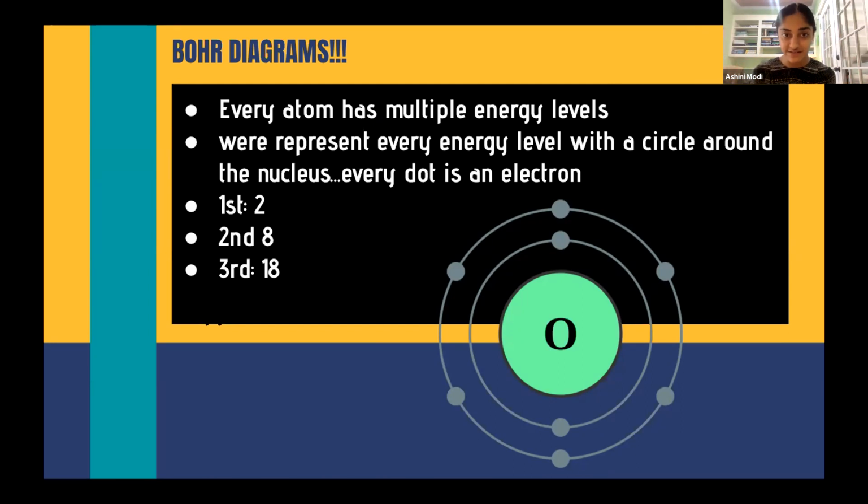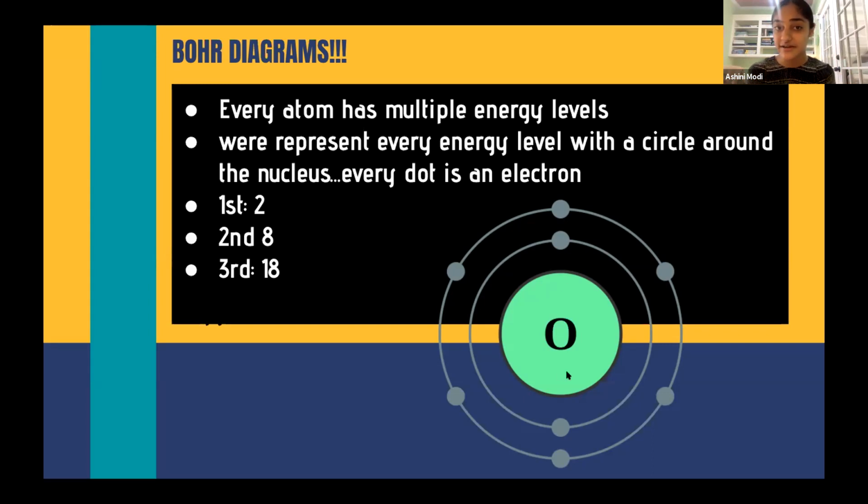The second energy level can only hold 8 electrons, and the third can only hold 18. If the energy levels are full, they're really happy and they don't want to bond with anything else. But an energy level cannot have more than these numbers. So the first can only have a max of 2, and the second a max of 8.